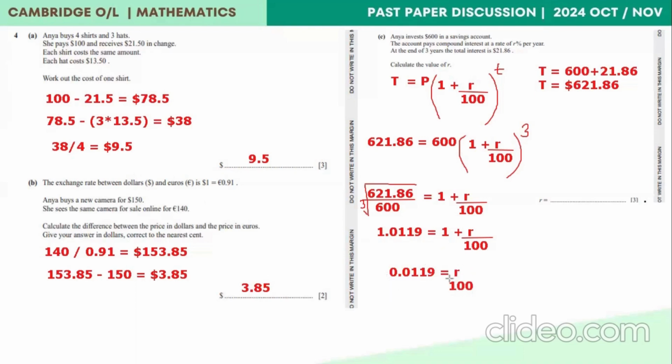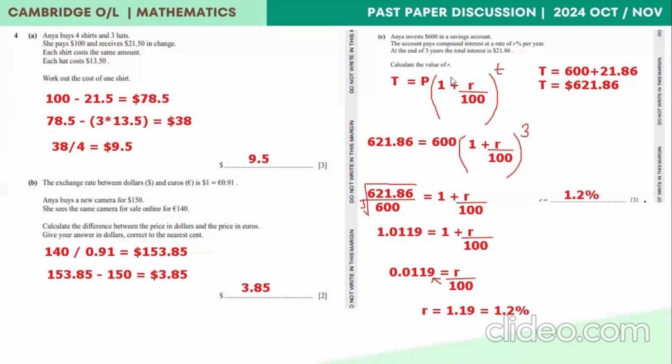Now we can simply take the 100 to the left as multiplication. So 0.0119 times 100 is going to be, our R is going to be 1.19. So if we round it off, that would be 1.2%. I hope that's clear.